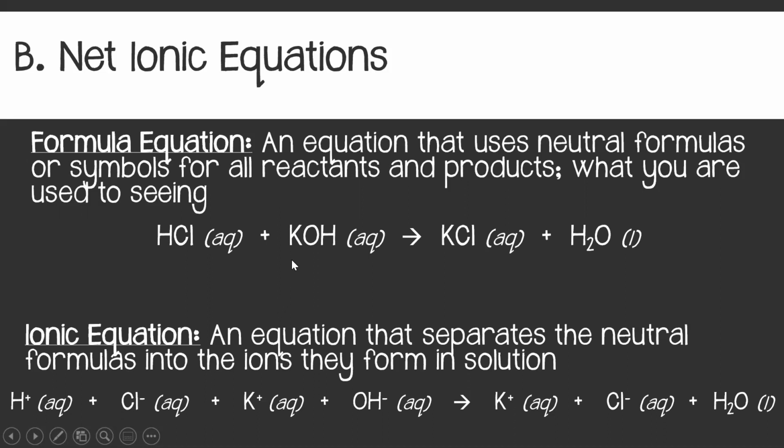I've also split the potassium hydroxide into its ions, K positive and OH minus. And on the product side, I've split potassium chloride into its ions, and water stays water because it doesn't do anything by itself.